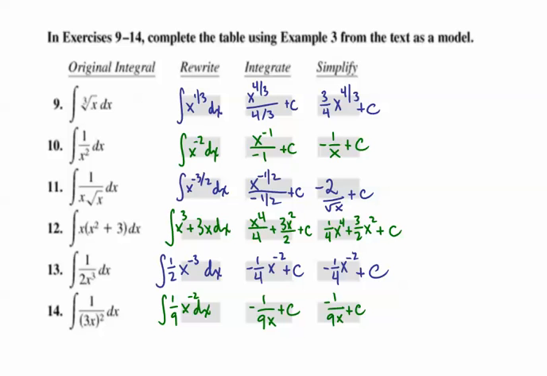And then number 14, first multiply out, leave the constant in the denominator, and move the variable to the numerator with a negative exponent. But those are things that you're going to use often in integration. Okay, that'll do it for this video.